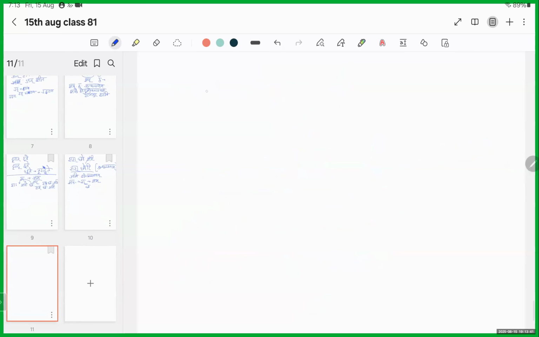Let's take an example. Tat, that is Mangalam. Tad Shivaha. Now what will happen? Tad Shivaha. Tad.